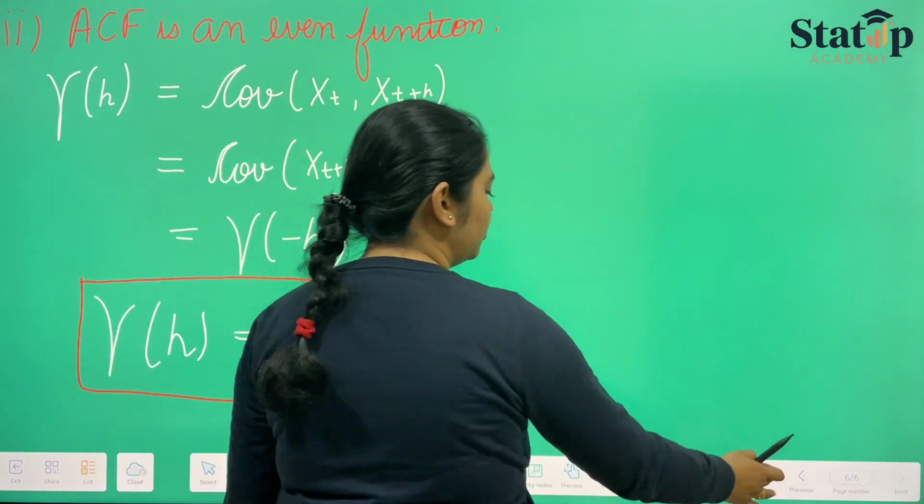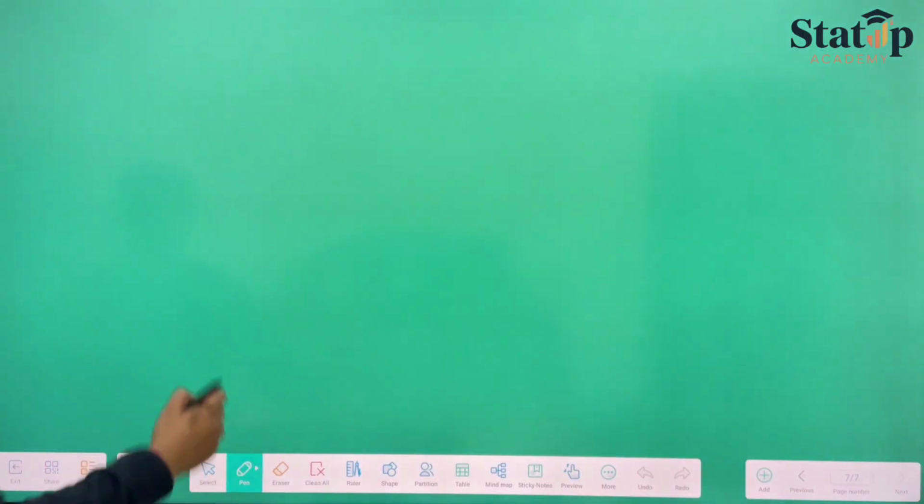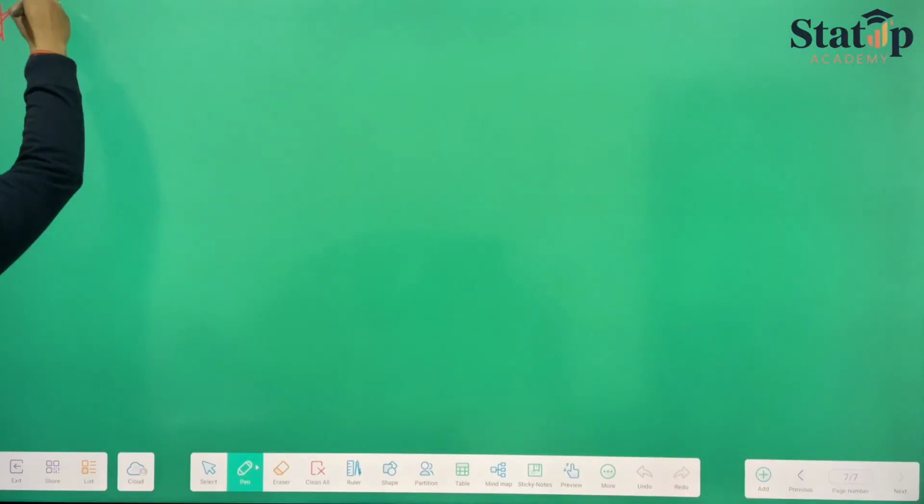Now moving on to autocorrelation function.